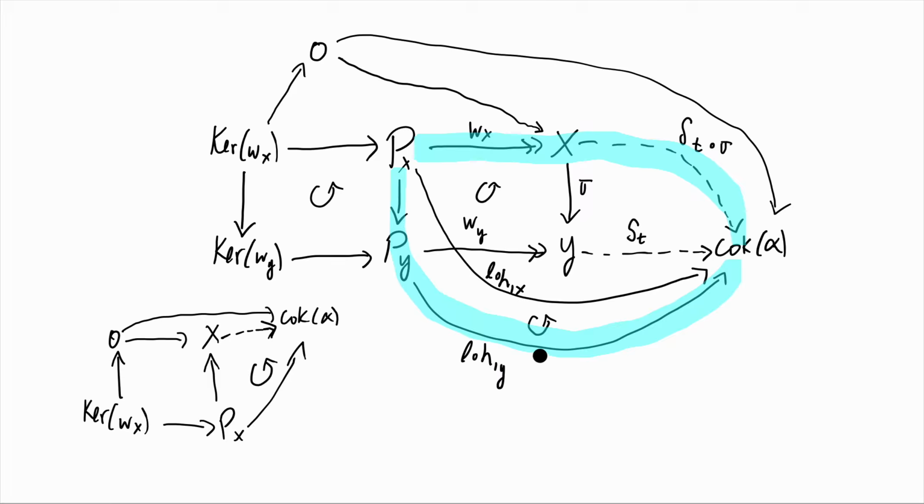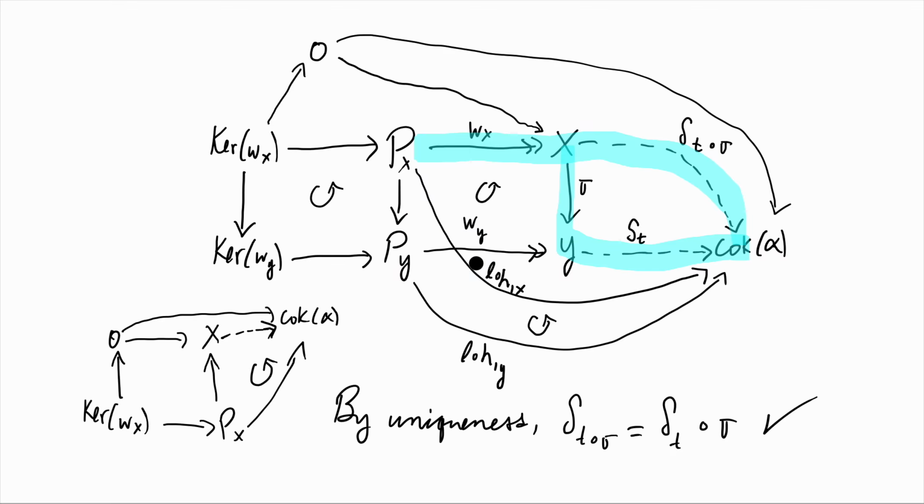So we can move down here, and then we can move there, we can move there, and oh my goodness, by uniqueness of this, coming from this map right here, there's a unique map from X to this co-kernel of alpha using the universal property that we were using of this X being the co-kernel of this map right here.